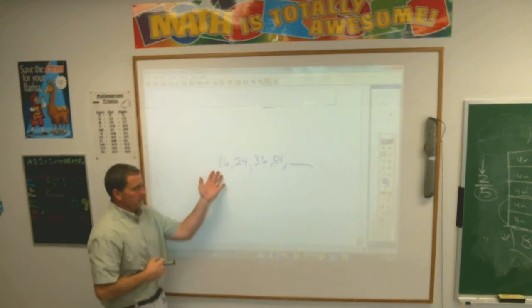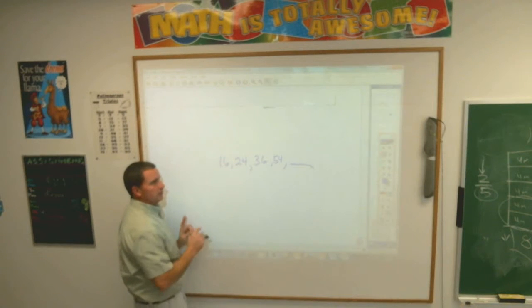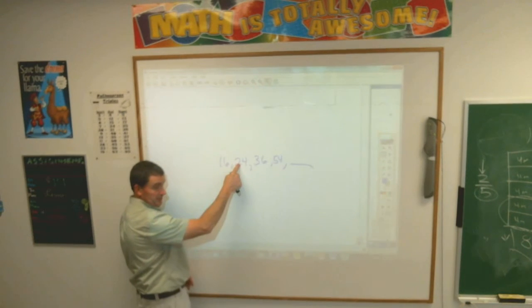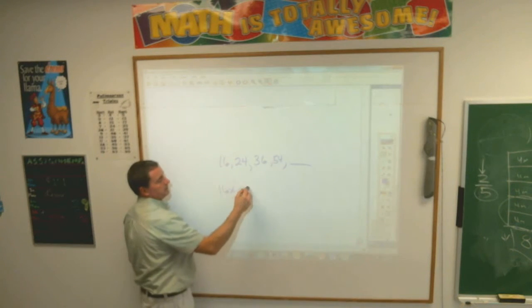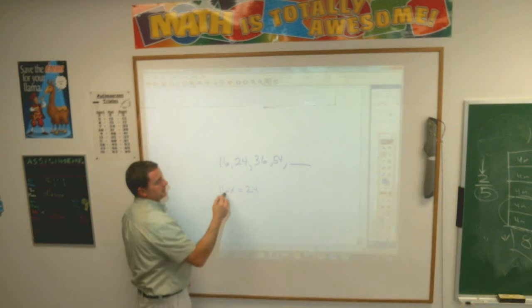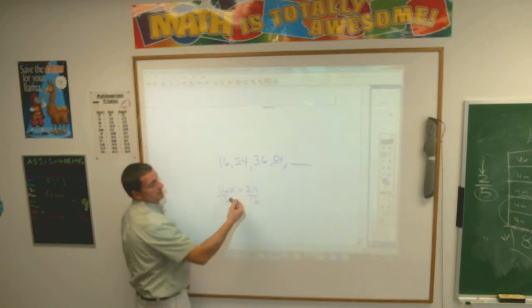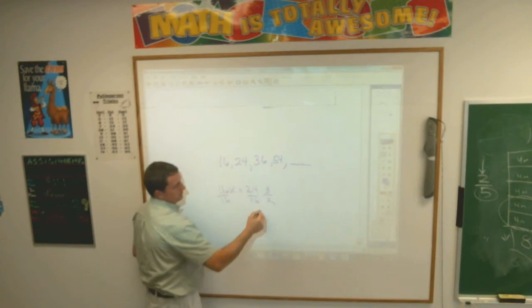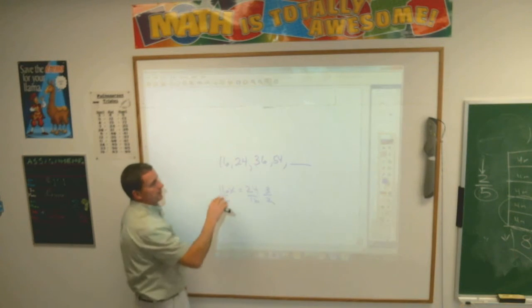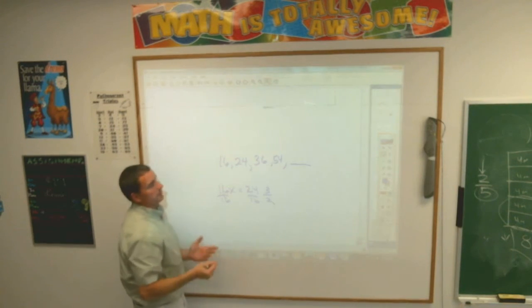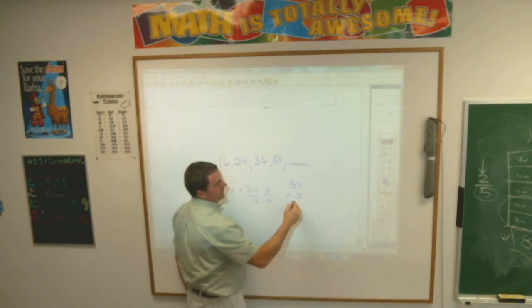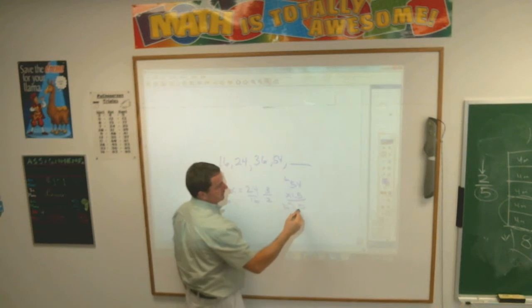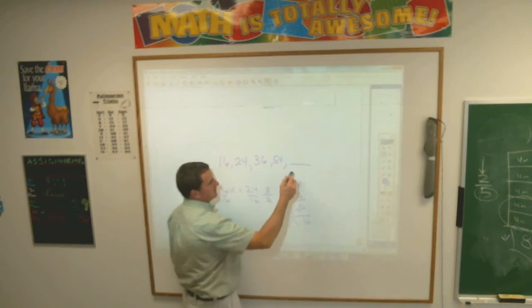You want to find what I am multiplying 16 by to get 24. 16 times what number is 24? Divide by 16: 3/2. I am multiplying by 3/2 every time, or 1.5. So if I take 54 times 1.5, is it going to be 81 again? It's going to be 81 again.